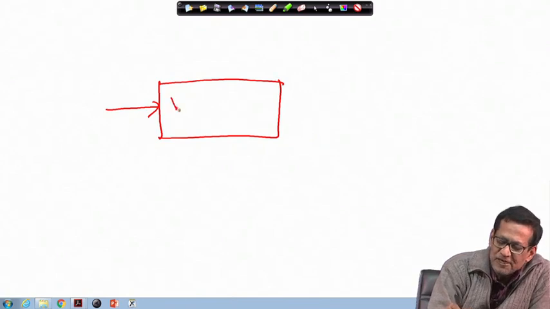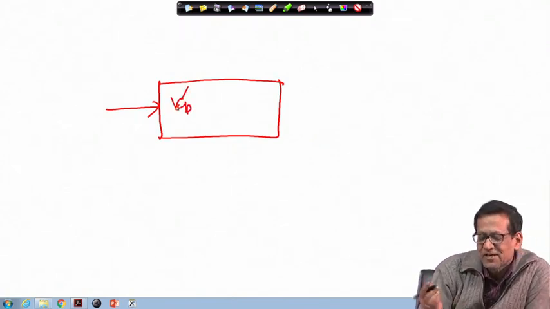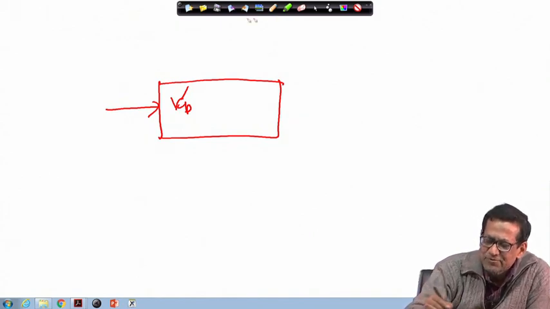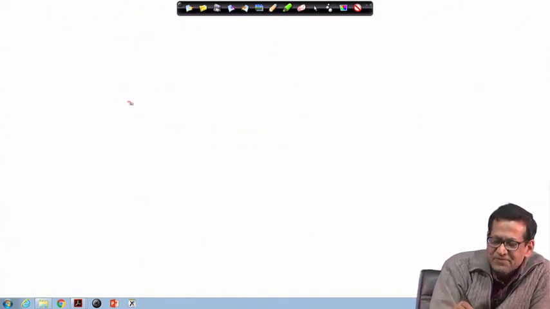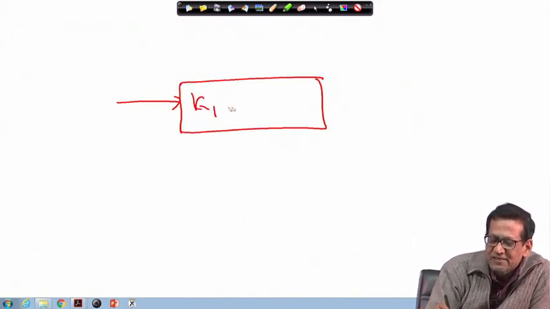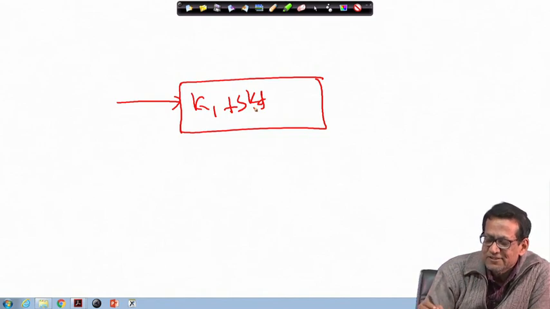Say the proportional gain is Kp dash, because the power system gain we have taken as Kp. So I can take this as K1, then this is S Kd, the differential part, and this is Ki upon S.